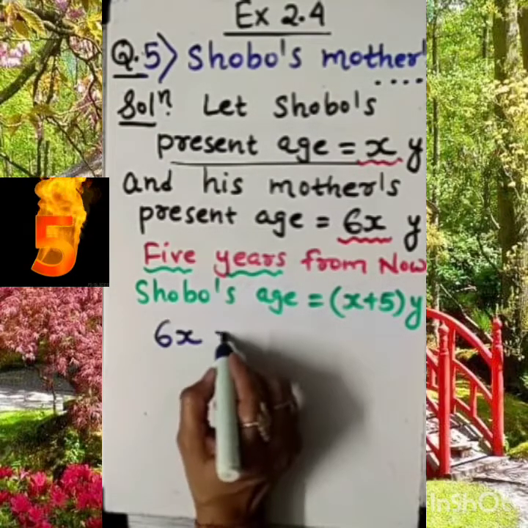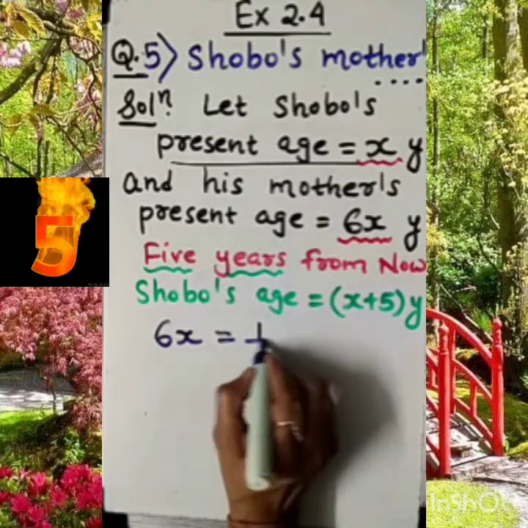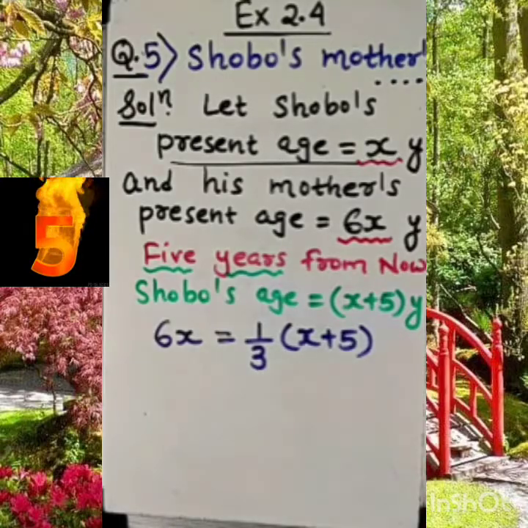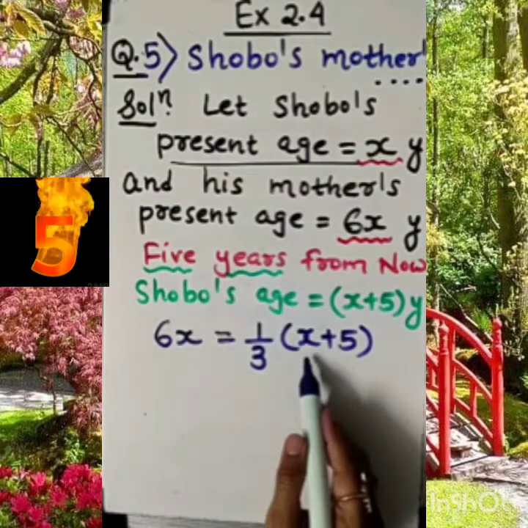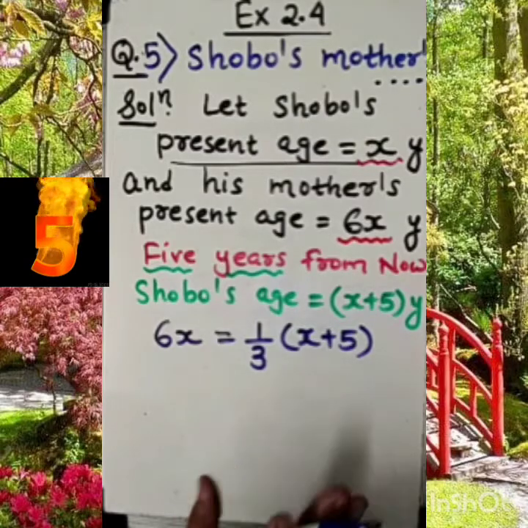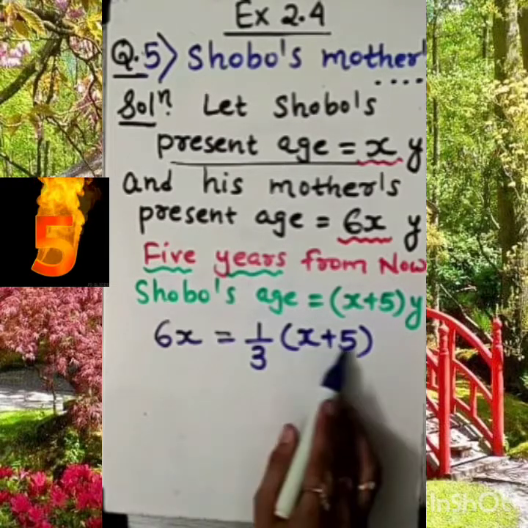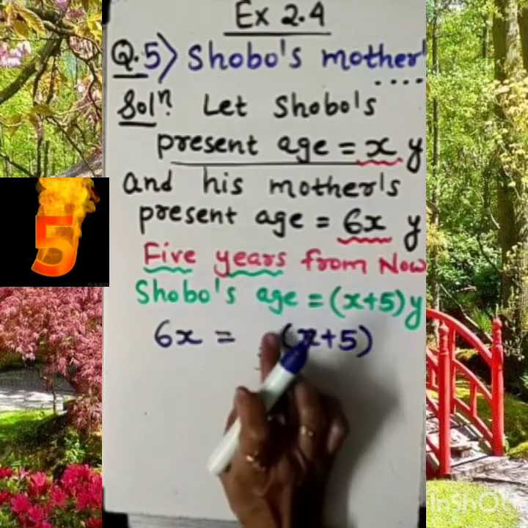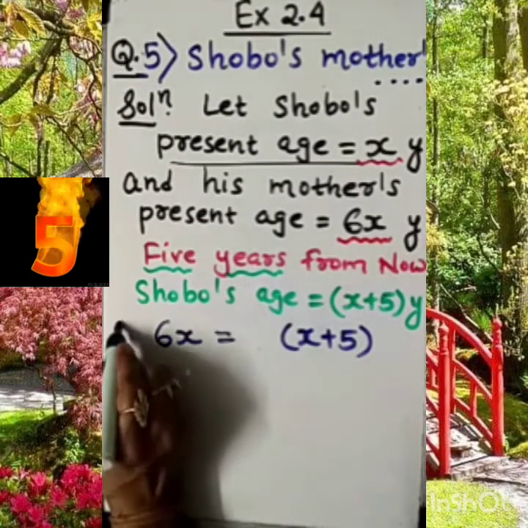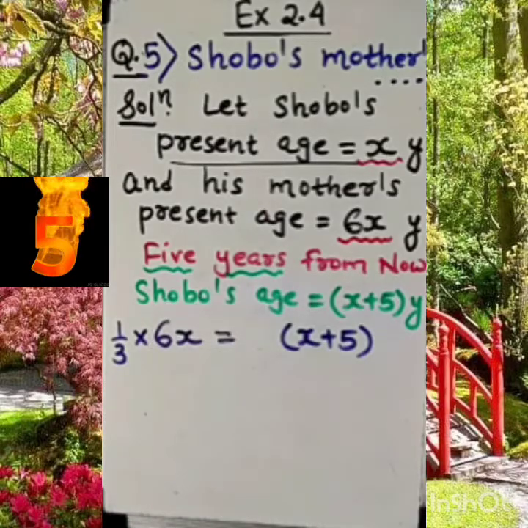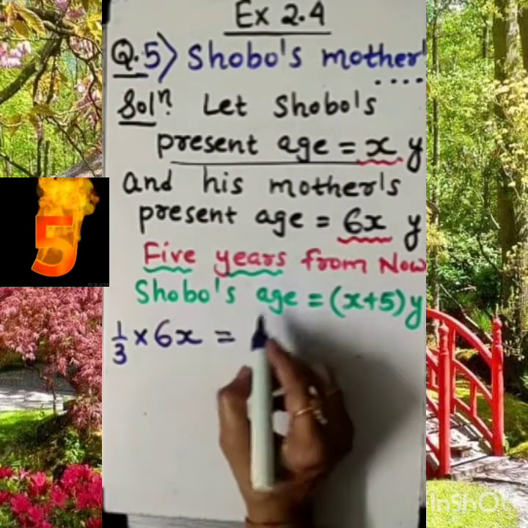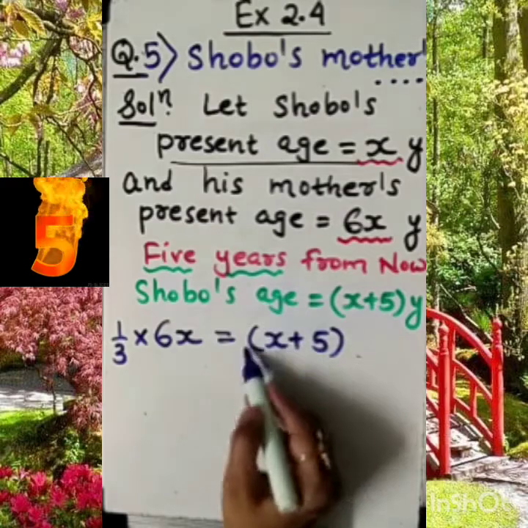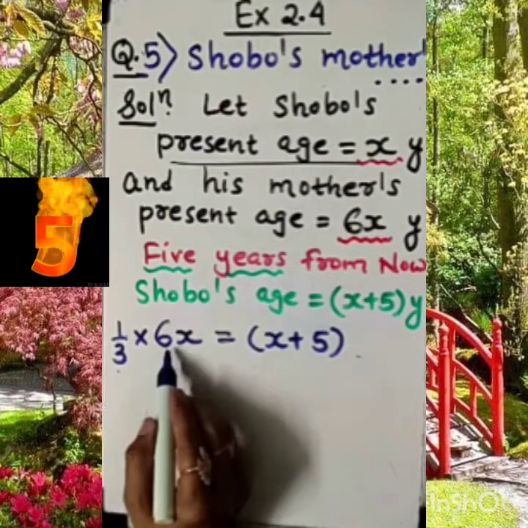So Shobo's age after 5 years will be 1/3 of the mother's present age. I am making a little change here, so please do the correction according to the question: Shobo's age after 5 years will be 1/3 of the mother's age.